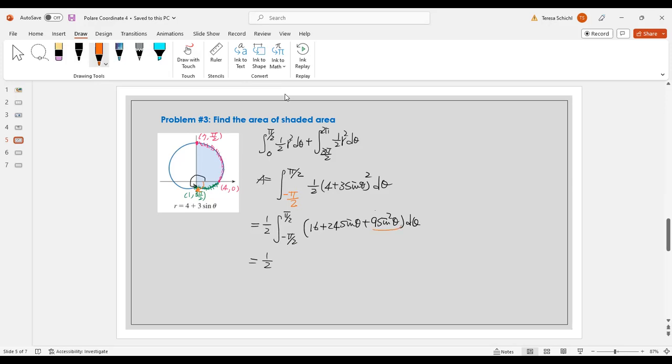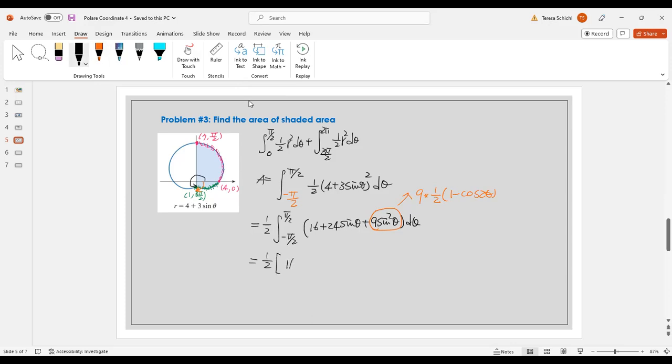So for the 9 sine squared theta, I can say this is 9 times 1/2, and I use the double angle, cosine 2 theta. So now I can just integrate.